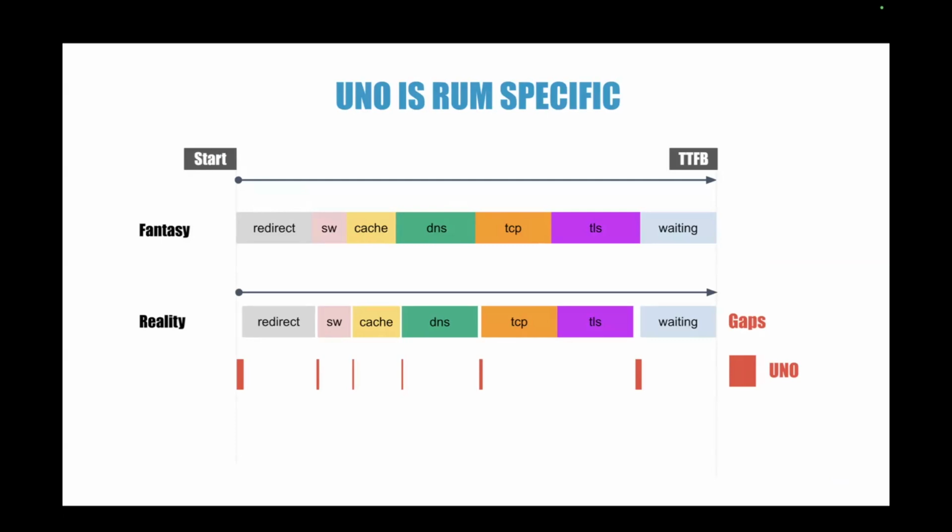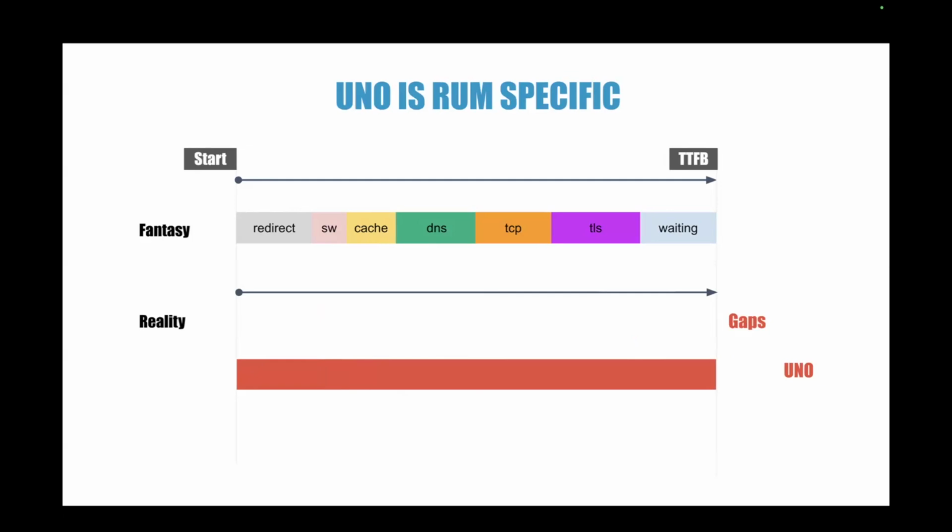So in that case, UNO is the sum of all the gaps. Suppose your RUM tool would not capture service worker startup times, and you have a service worker in place, then the overhead of the service worker startup would not be captured and therefore would be part of your UNO number.